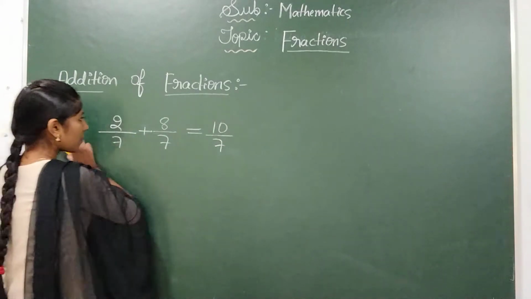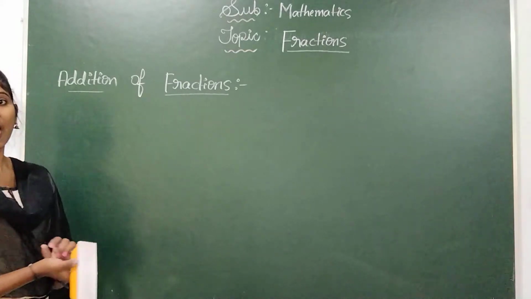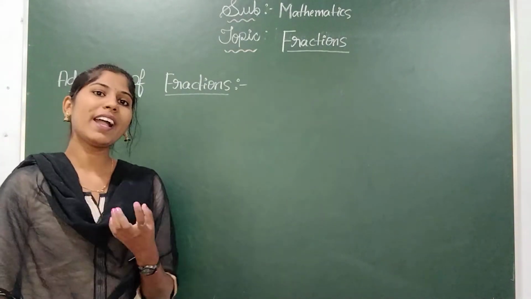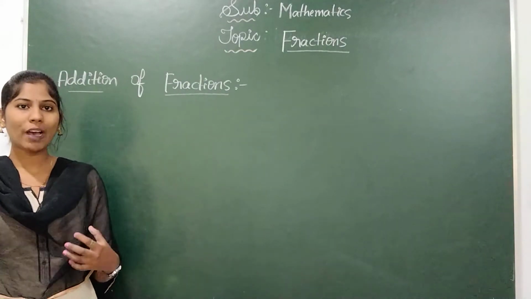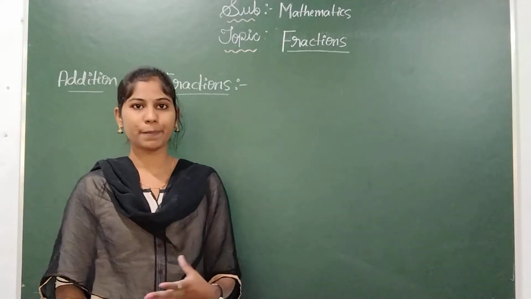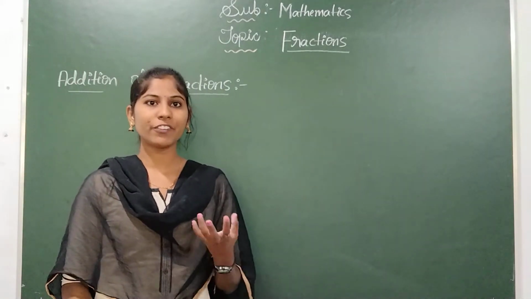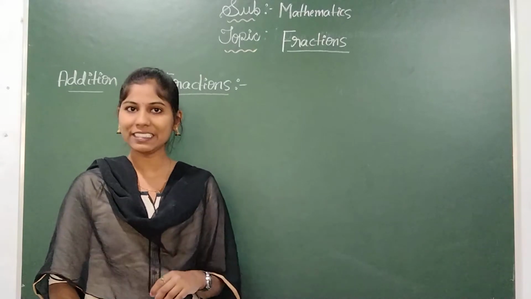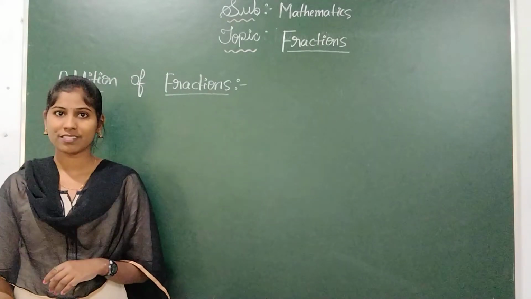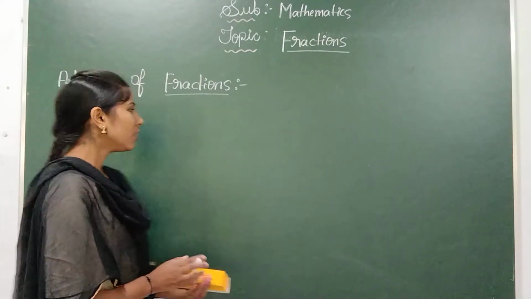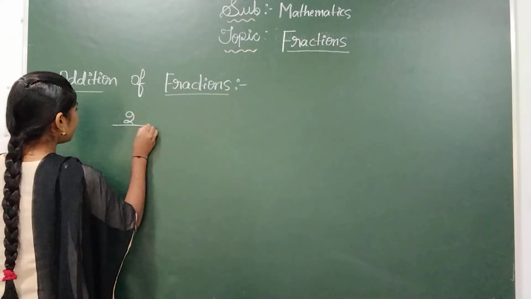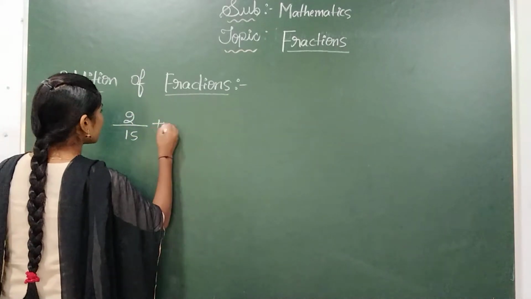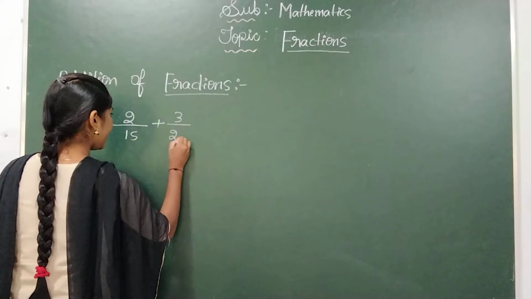Next is how you can add unlike fractions. To add unlike fractions, you have to follow some steps. The example is 2 by 15 plus 3 by 20.